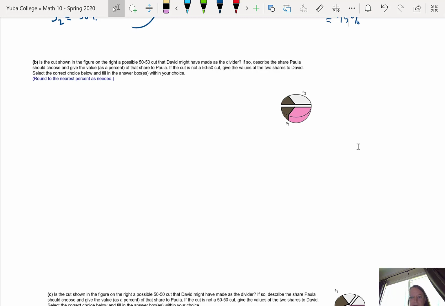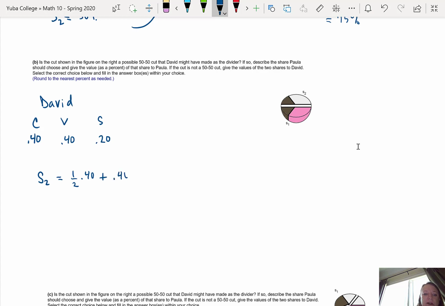Okay, so let's look at it. Remember David, his values: chocolate was 40%, 0.40. He said that vanilla was worth 0.40 and strawberry is worth 0.2. And so for S of 2, this is half of the chocolate, so half of the 40%, plus all of the vanilla, so 1 times 0.40. So this is worth 60%.